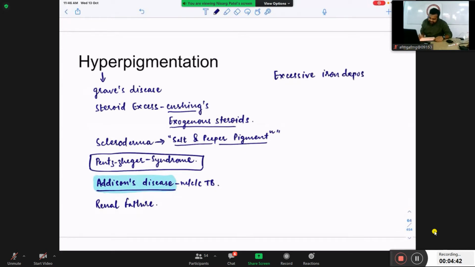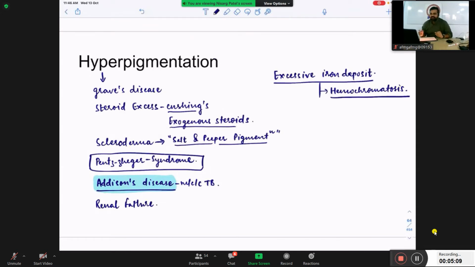Which disease is called excessive iron deposition? First is hemochromatosis. So what is the treatment of hemochromatosis? The first line treatment is... why does hemochromatosis not occur in females? Because blood already leaves the body in menses. It is a natural treatment for a girl.